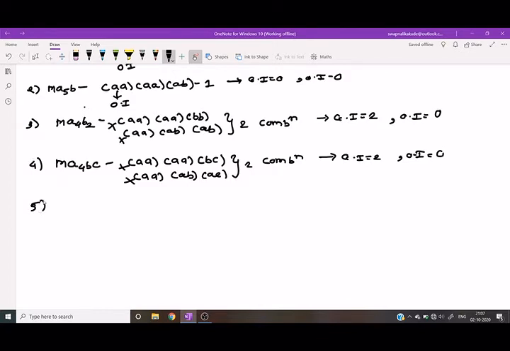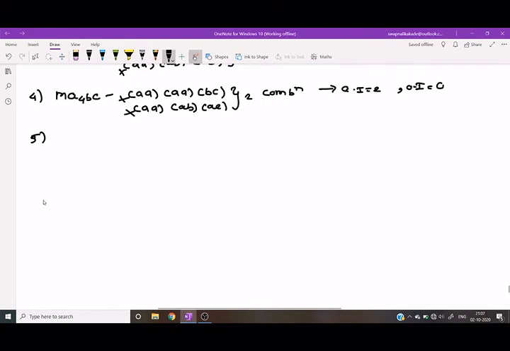Next example is Ma2B2C2. First make a combination AA, BB, CC. Then cross these two, AB, CC.